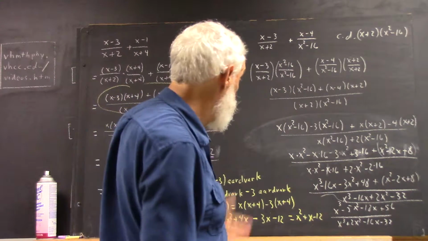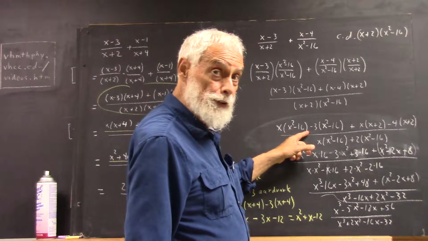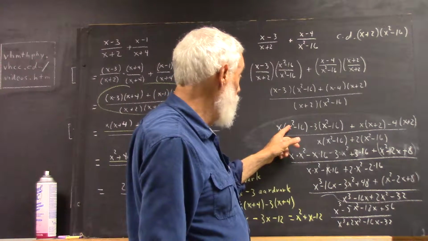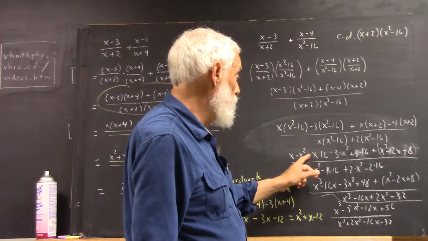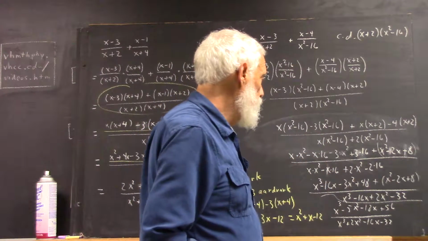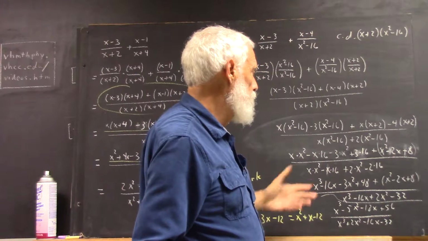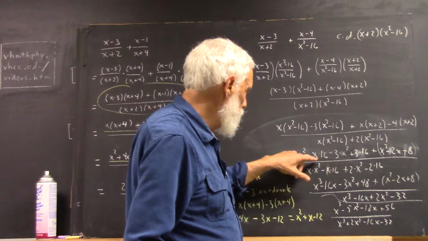Well, we use the distributive law again. X times x squared minus 16 is x times x squared minus x times 16. No shortcuts here. We'll write out every term and be really careful. Actually, I'm violating that over here, but you'll see in a minute.